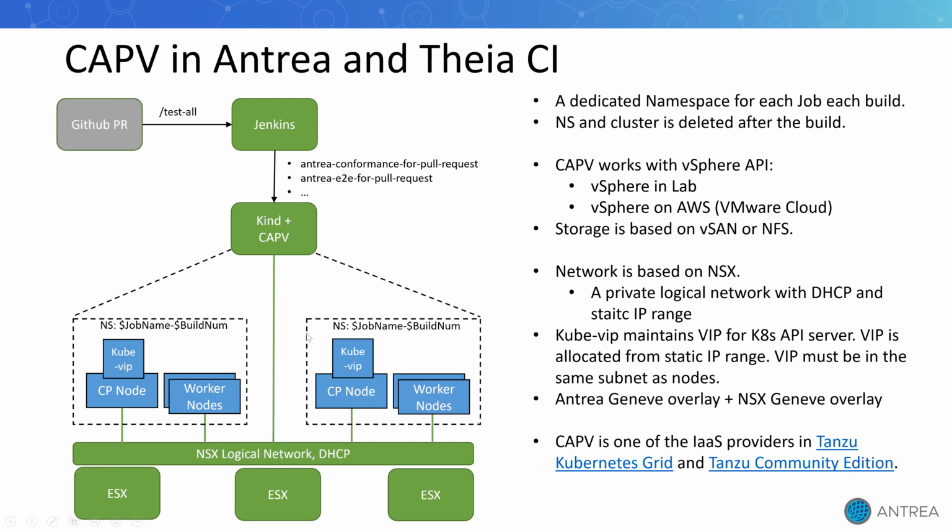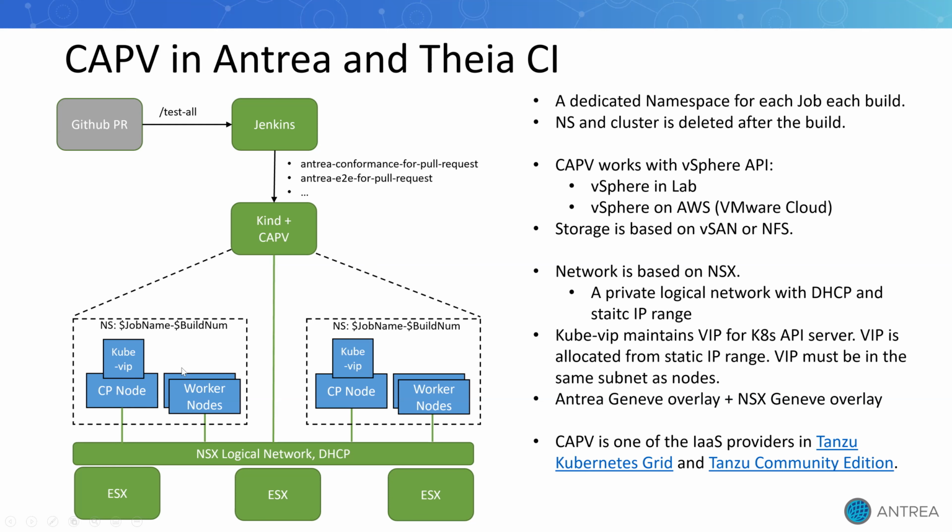So then you actually have your clusters up, and at this time there's no CNI in it. So in our Jenkins test code, we will build the Antrea image on the Kind cluster because it has Docker in it, and then it will distribute images to our nodes, and then deploy the Antrea YAML, and then run whatever test, for example, E2E test and conformance test on your Kubernetes cluster.